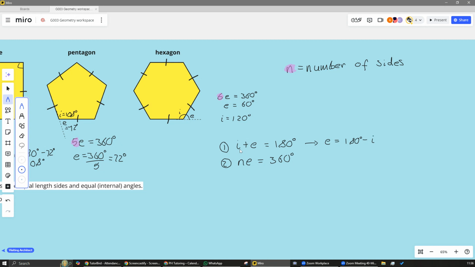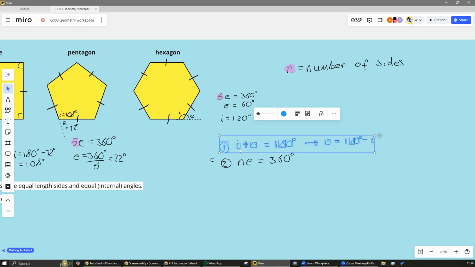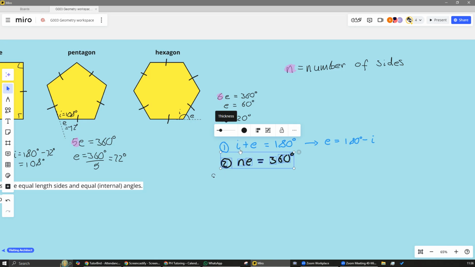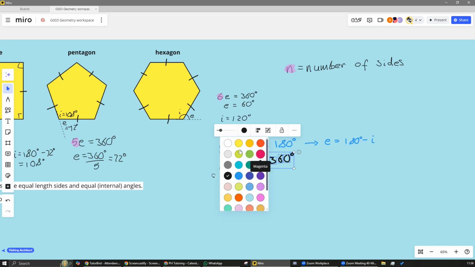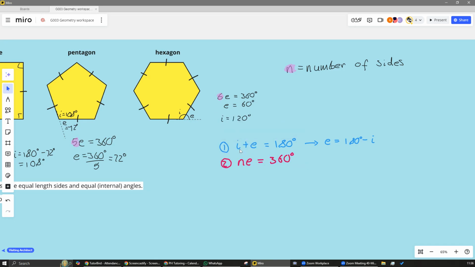And this one here, maybe I'll use some colour this time, make it a bit easier to follow. So if we do equation 1 in blue, I'll do equation 2 in pink, then I can put equation 1 into equation 2 essentially.